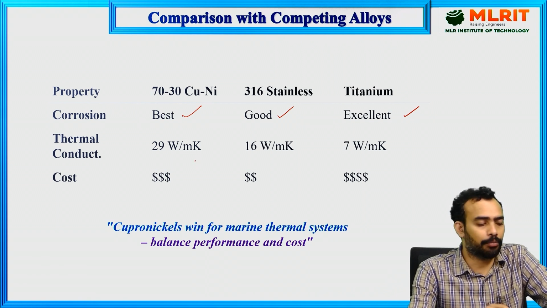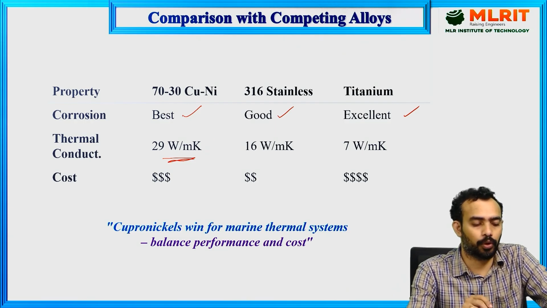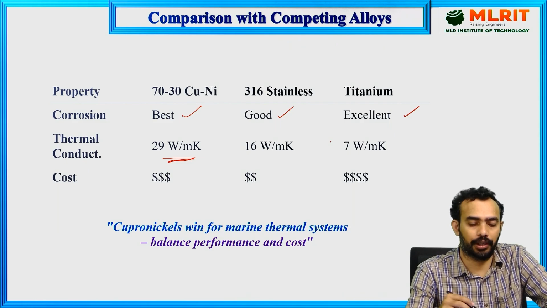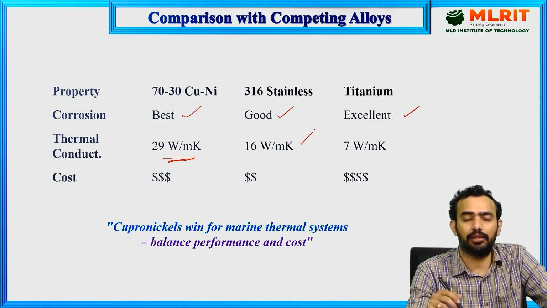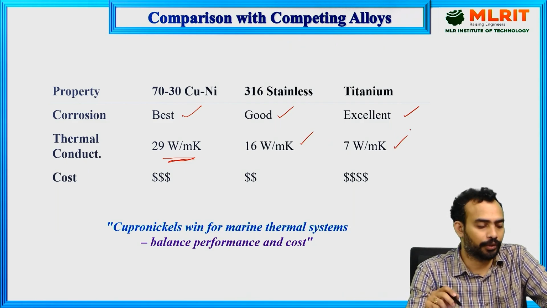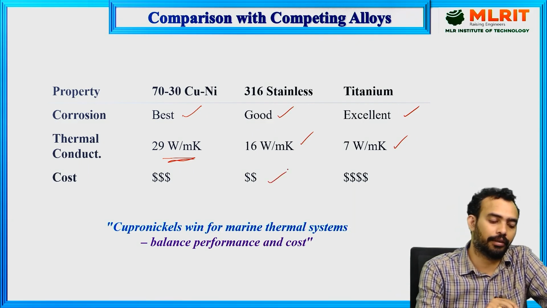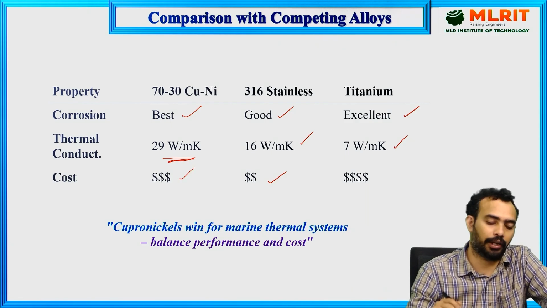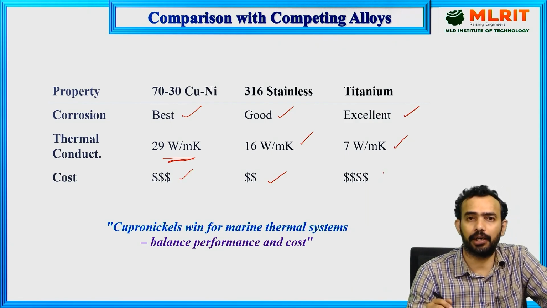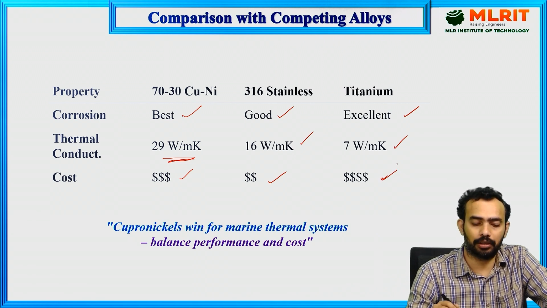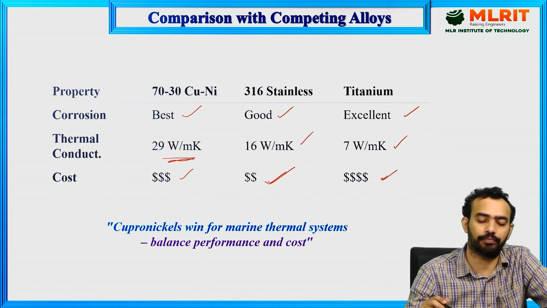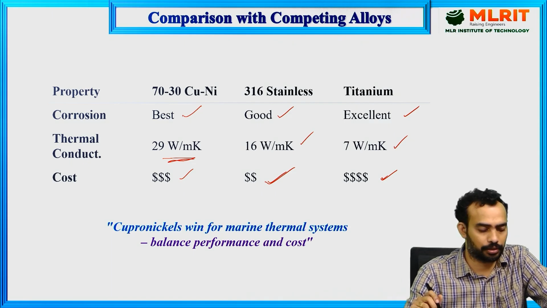Cupronickel offers very good thermal conductivity, 29 watt per meter kelvin, then next to it is stainless steel, then titanium. In terms of cost, stainless steel is relatively cheaper than cupronickel, and when compared with titanium, stainless steel is very cheap. Titanium is costlier.